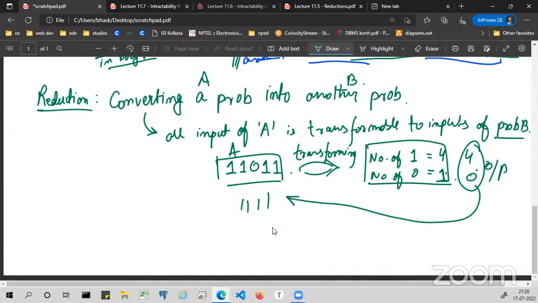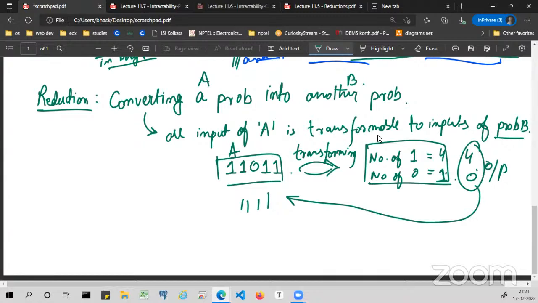So you did not know how to solve problem A, so you converted the inputs of problem A logically and semantically in a proper manner into the input of problem B, solved problem B, and then did a reverse mapping of the output to problem A. That's a kind of shortcut trick, because the only reason is you did not know how to solve problem A efficiently. So this is the whole idea of reduction.